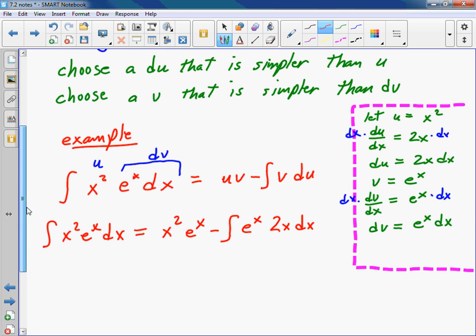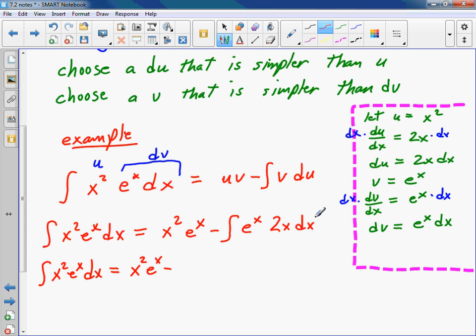And stop this if you need to. Study it for a moment. That's fine. So now we have the antiderivative of x squared e to the x dx equal x squared e to the x minus, notice we have a 2 in here, which we can bring out, but not 2x.